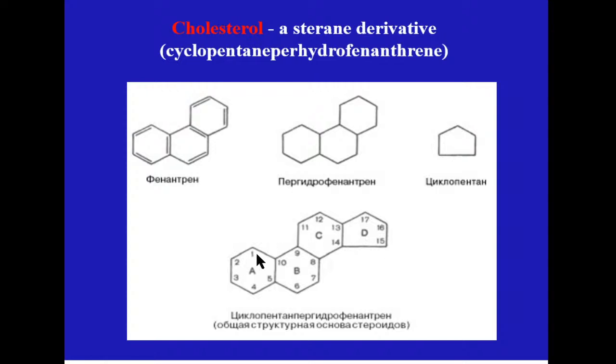And the numeration starts against the normal watch direction: 1, 2, 3, 4, 5, then goes down and finishes with the 10th atom here, then continues, not from the nearest but jumping to ring C, with 11, 12, 13, 14, then again continues by the down part 15, 16, 17.